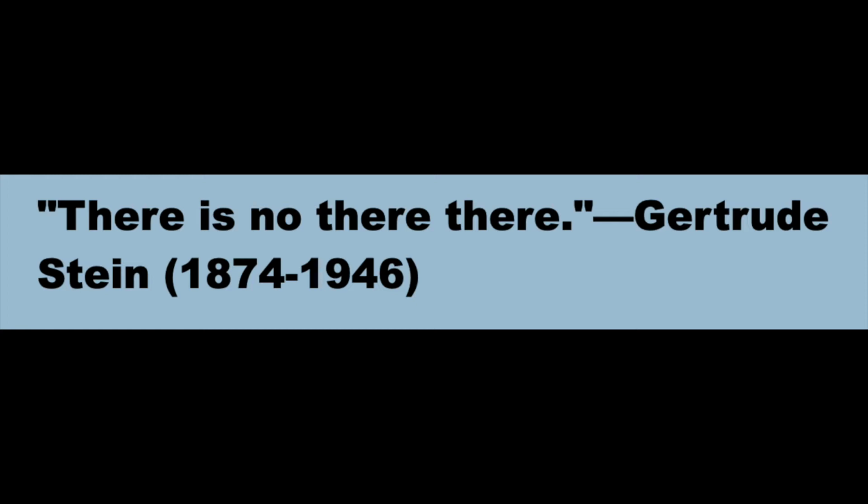If we look at that statement, what it means is that there's no relevance there. So she uses "there" as a thing, and as a measure of that thing. So there is no there, and as a place also.